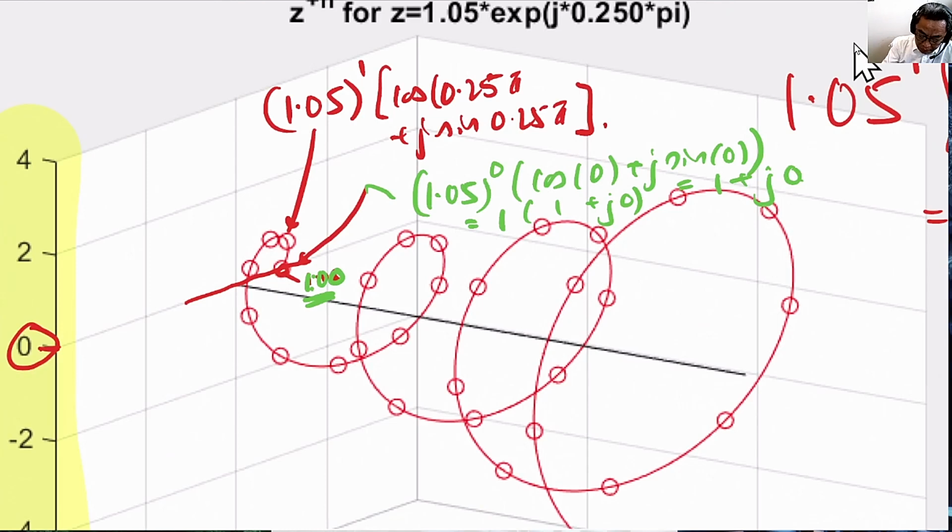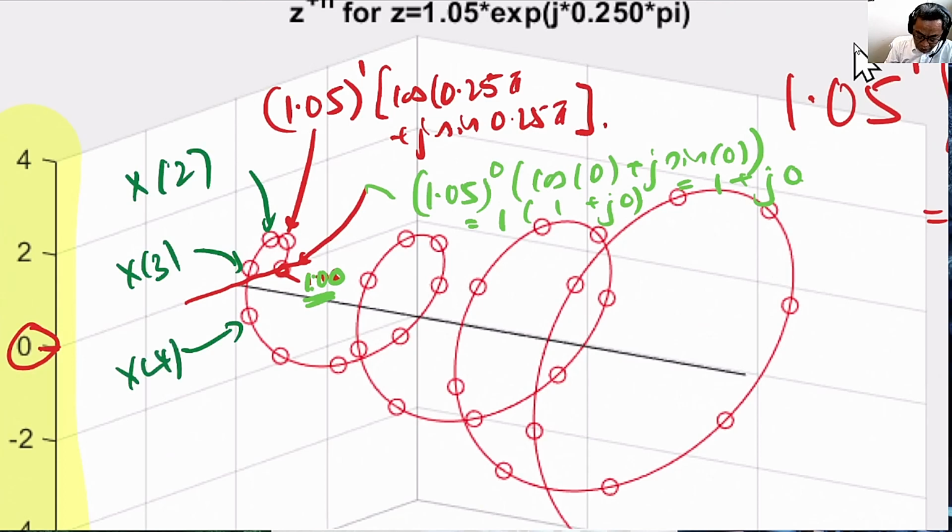You can then track the next element. This is, for example, x2, this is x3, this is x4, and so on and so forth. The interpretation is that it is a complex exponential rotating in the anti-clockwise direction, and it becomes bigger and bigger due to 1.05 to the power of n.